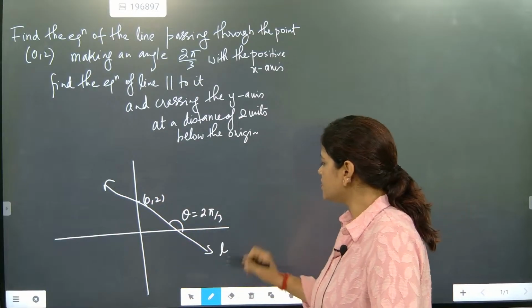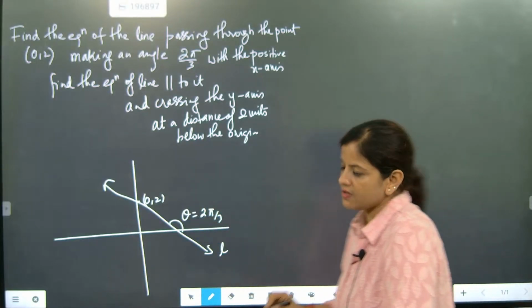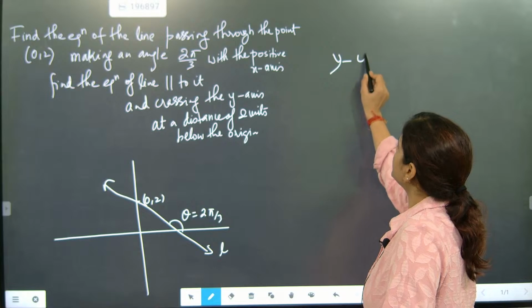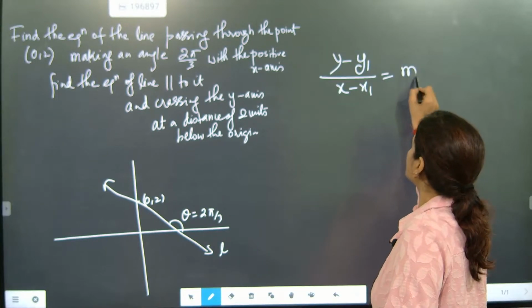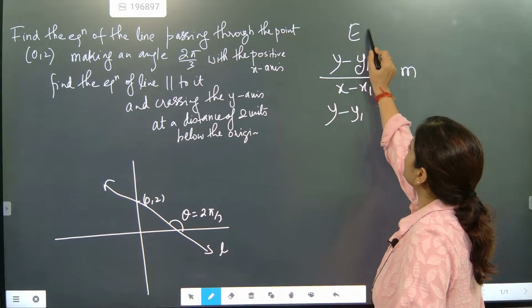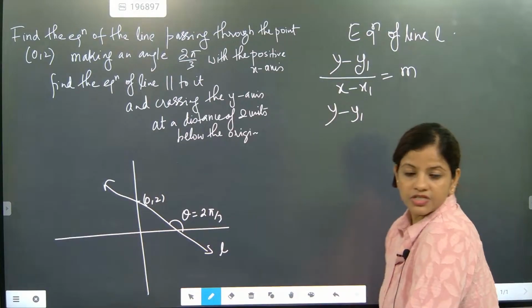First we'll find the equation of line L. Point is given, angle is given. So what is the formula? We know that y minus y1 by x minus x1 is equal to slope m. So first we are finding the equation of line L. Nishika, understood?